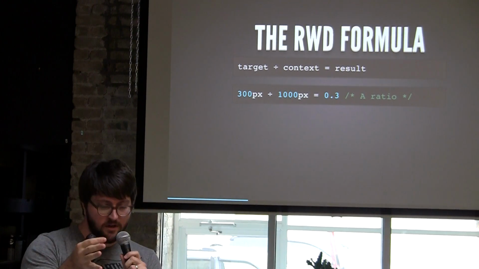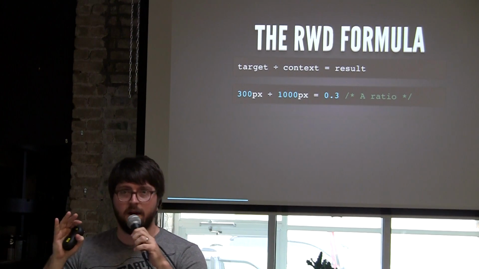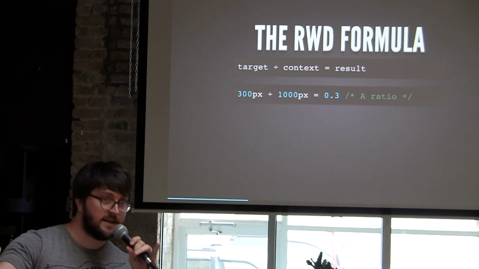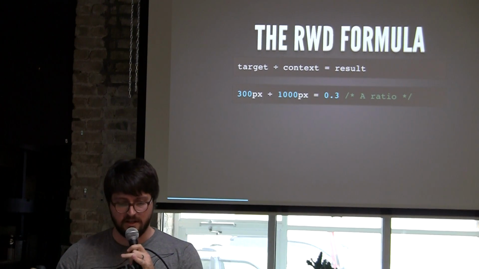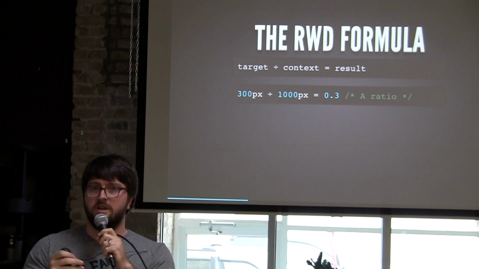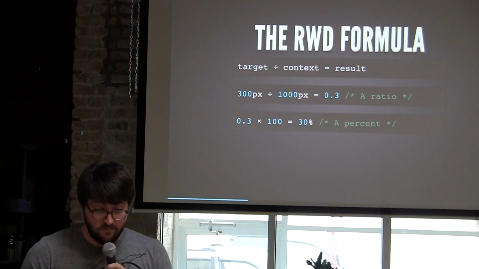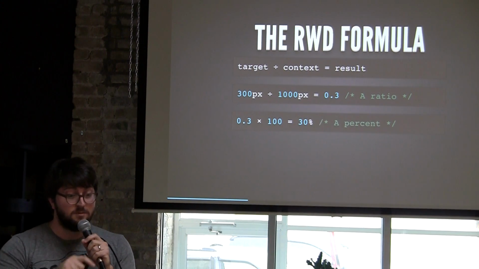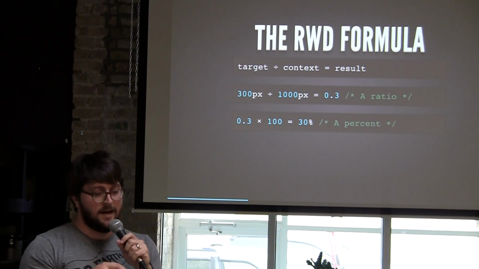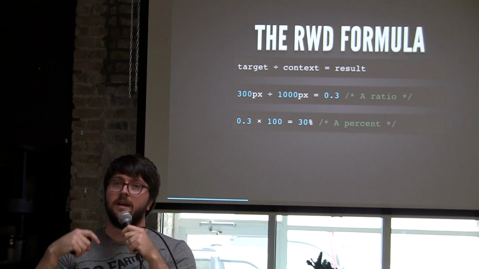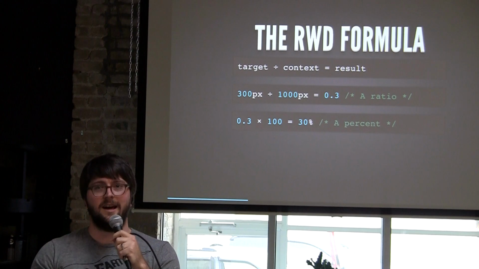You take 300 pixels, your target, divided by 1,000 pixels, your context, the parent container, you get 0.3, which is a ratio. Then you times 0.3 by 100, and you get a percentage.